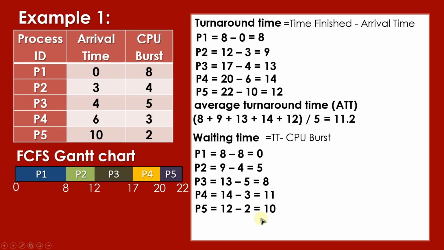So, in computing the average waiting time, katulad lang sa turnaround time, add all the computed waiting time divided by number of process. So, we have here 0 plus 5 plus 8 plus 11 plus 10 divide by 5. 5 kasi 5 yung process natin, that is equal to 6.8.